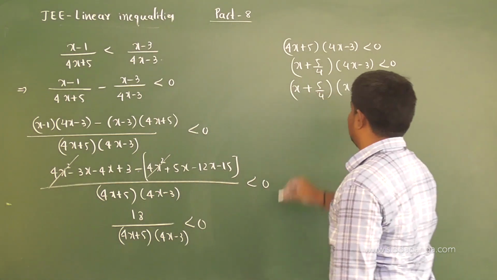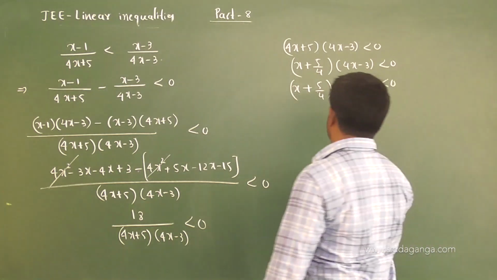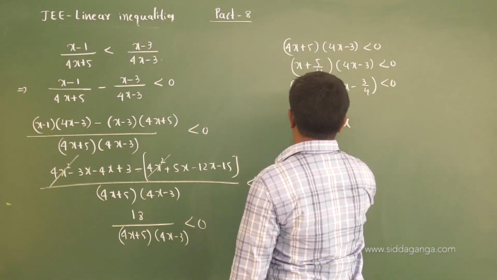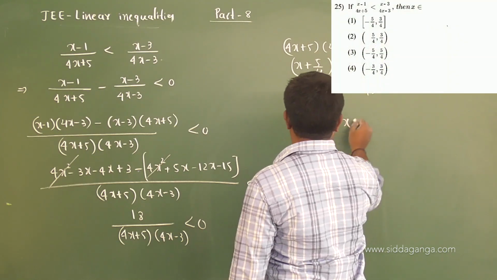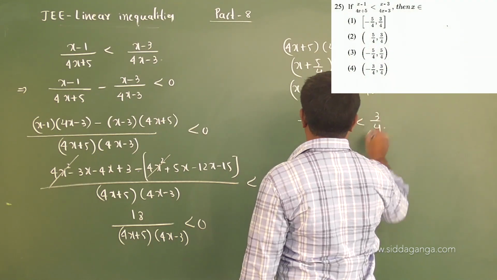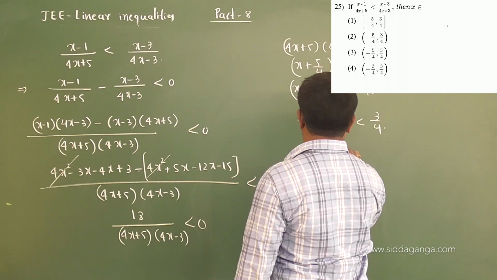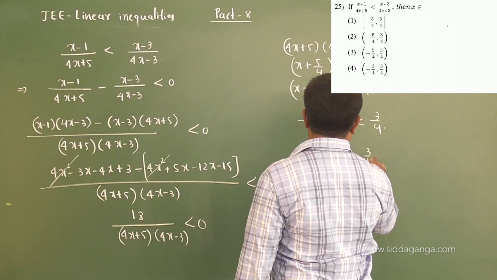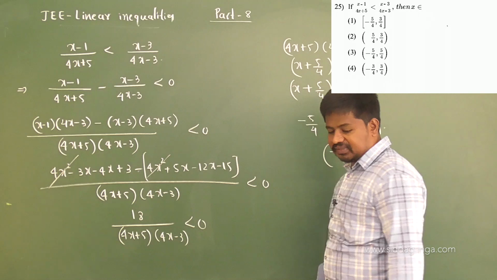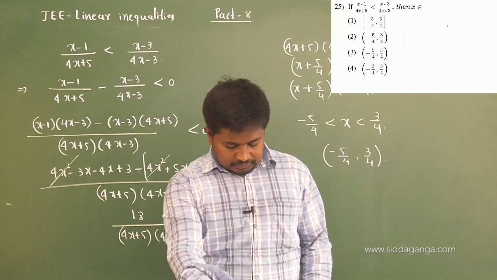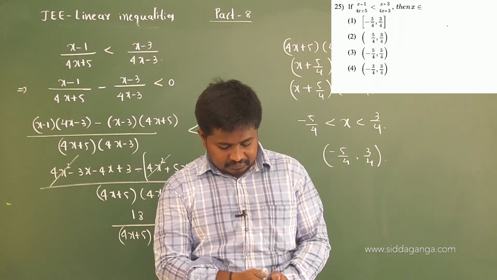Here a is minus 5 by 4, b is plus 3 by 4. So your x lies between minus 5 by 4 and plus 3 by 4, the open interval minus 5 by 4 to 3 by 4. So option second is the correct one.